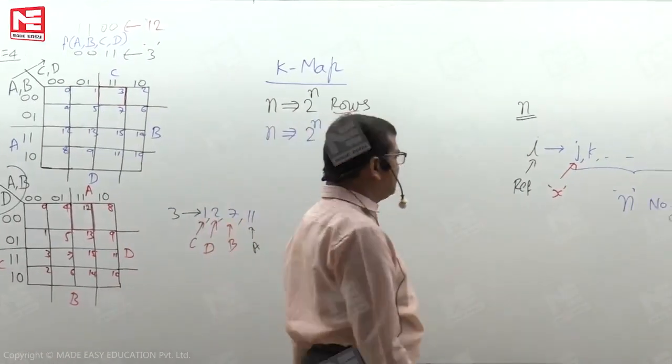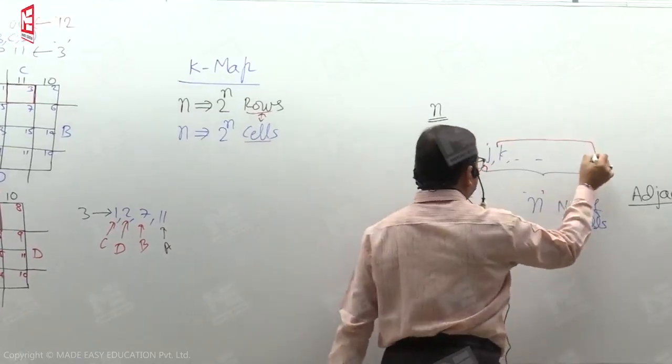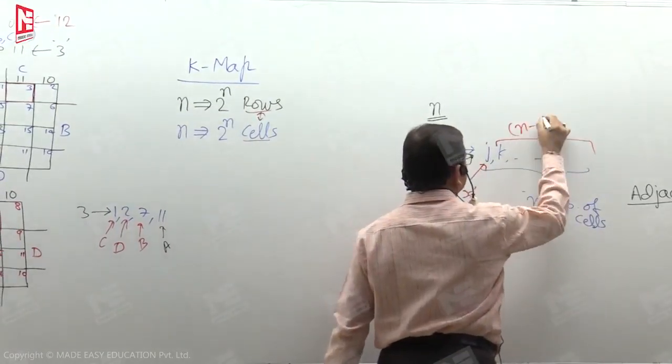Now the remaining cells, definitely the remaining cells will be n-1 number of cells.